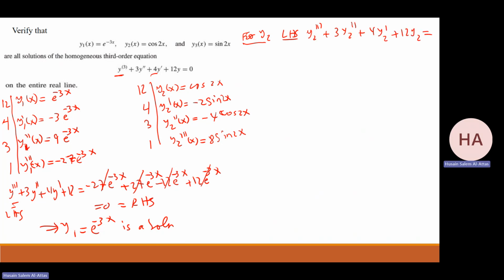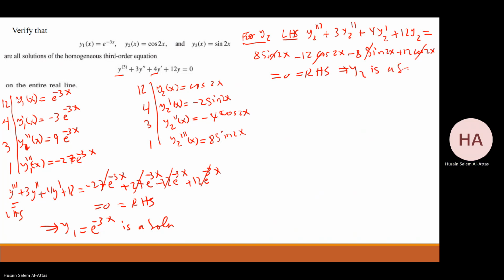Plug in the numbers: 8 sine 2x, 3 times this, minus 12 cosine 2x, minus 8 sine 2x plus 12 cosine 2x. Cancelled, cancelled, cancelled, cancelled. That will be 0, which is the right-hand side. So y2 is a solution.